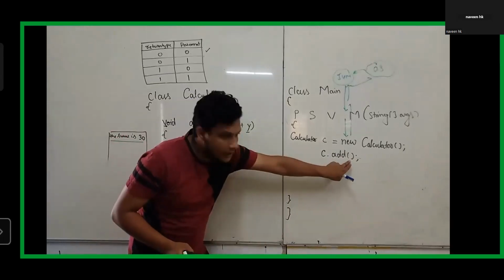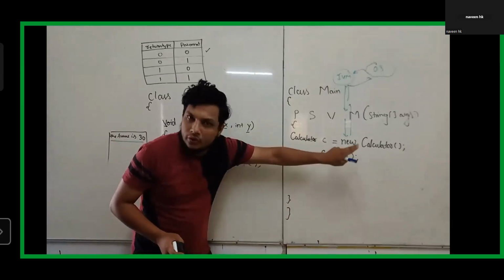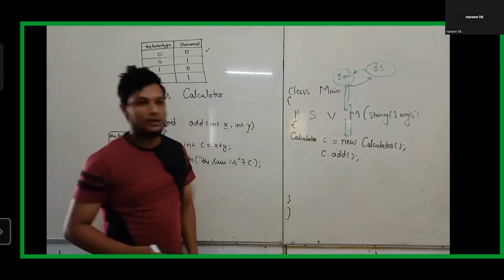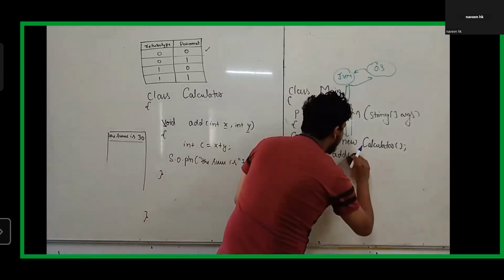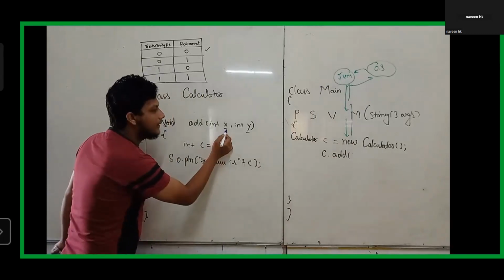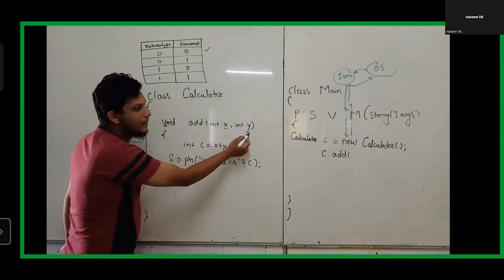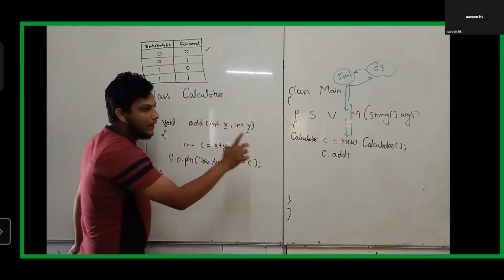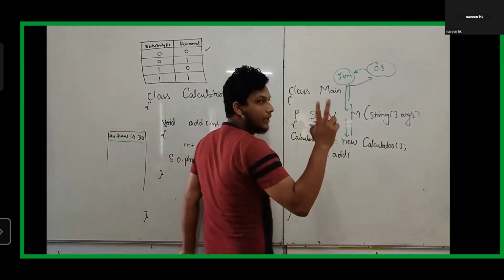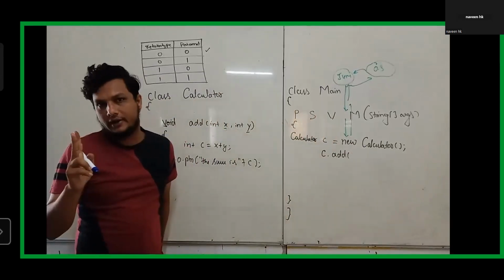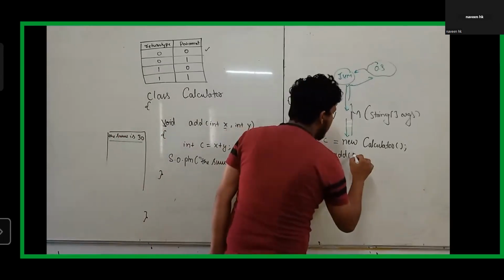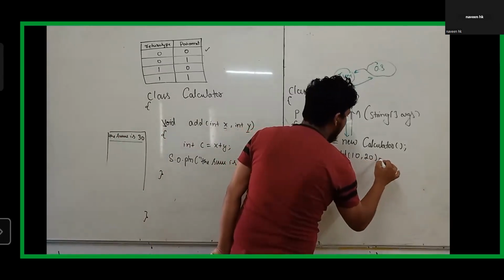Are you passing any parameter here? No, you need to pass the parameters. So I will remove this one. This parameter is of type integer, and this parameter is also of type integer. When I'm calling the add method, I need to pass two integer values. Let me give some values here as 10, 20, and open and close this one.